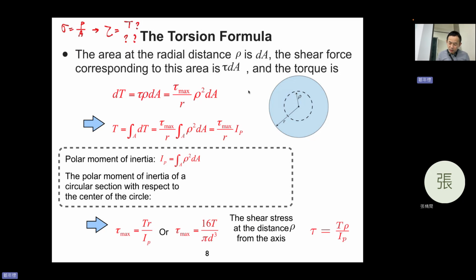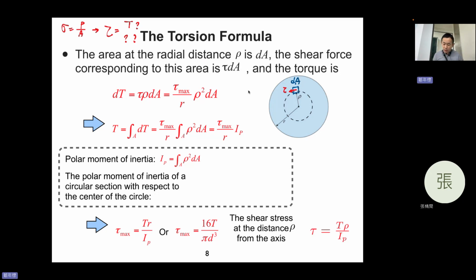Now we have the area at the radial distance rho, which is dA. At the dA, there is a tau on the cross-section.